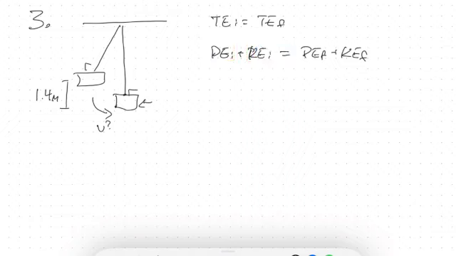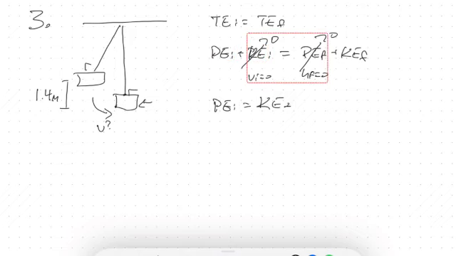So in the initial one, the kinetic energy is 0, and in the last one, potential energy is 0. The speed initial is 0, and the height final is 0. The potential energy initial equals kinetic energy final.